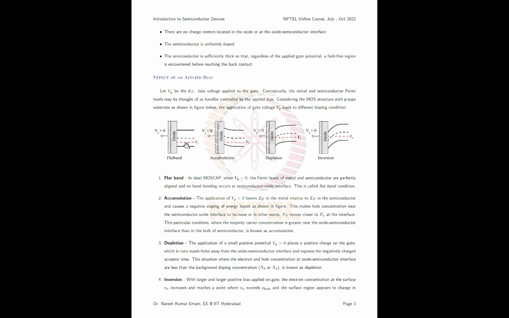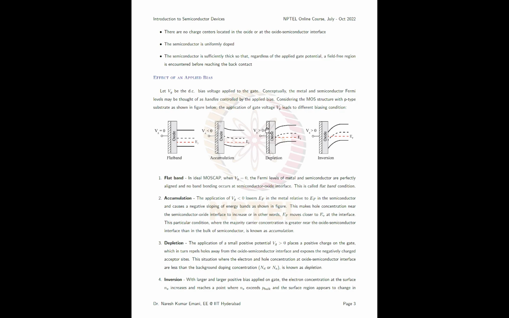First is the flat band condition, where you have no band bending. Then you have accumulation: when you apply a negative VG, you have an accumulation of holes in the interface region of the p-type substrate.